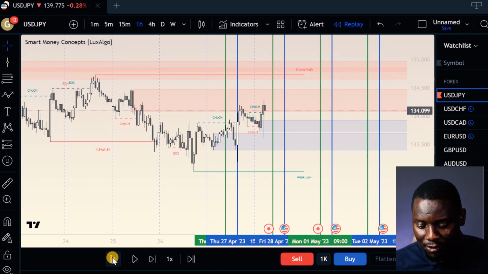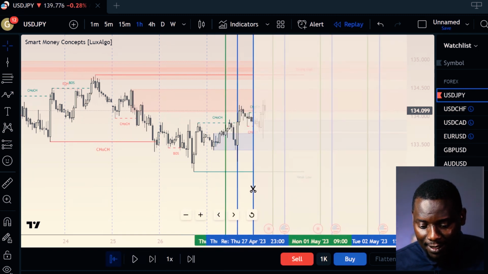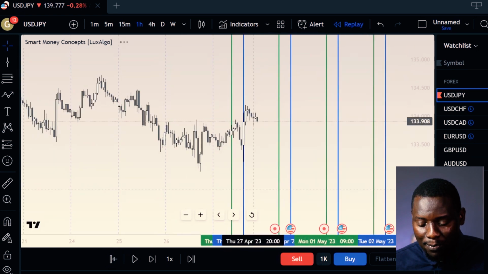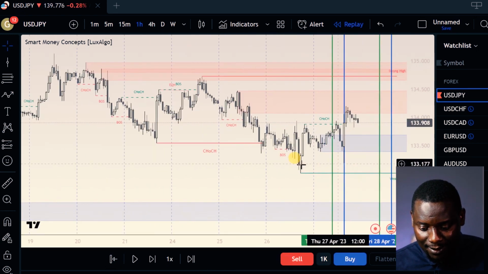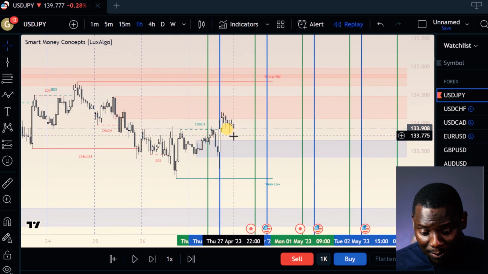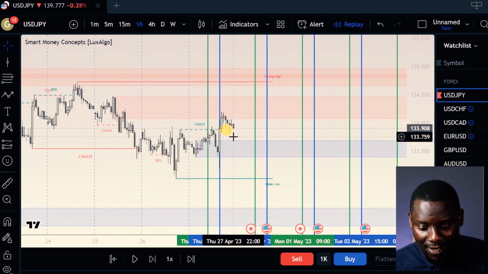If I go slightly back, this formed an order block. So before I even go to bed, because you can see this is at around 10 p.m. in the night, I can see that price is retracing back into our order block that was formed right here.